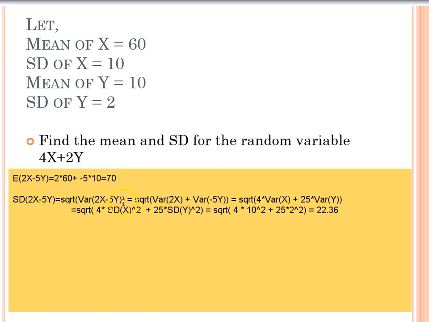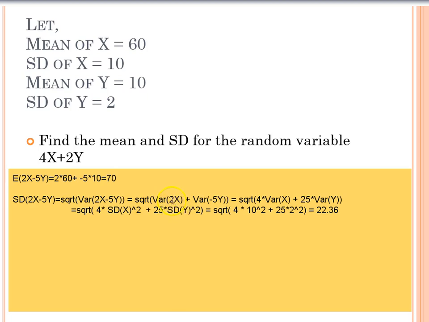So we can do that again when we assume independence. And so here I've separated out 2x from the variance of negative 5y. And I want to keep this negative term with its constant because that's what gives us this addition in the center here. And you're going to see why that's important in a second or two.